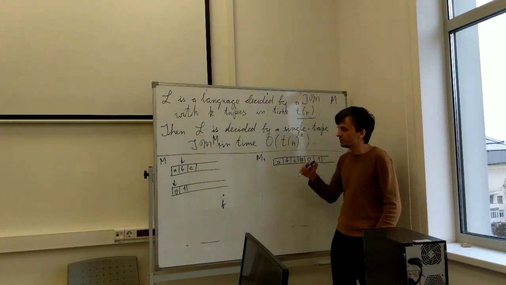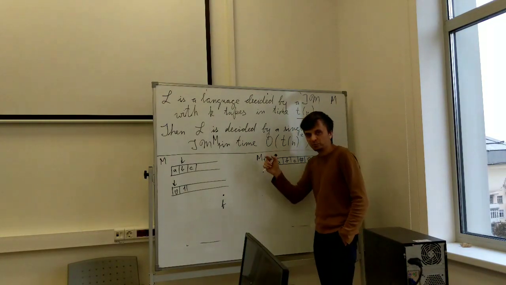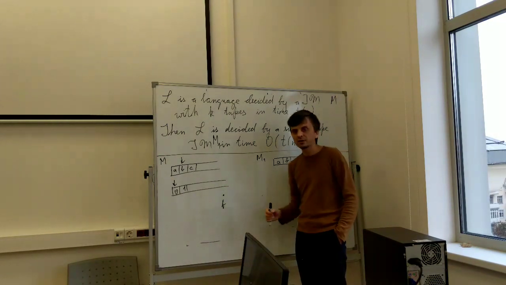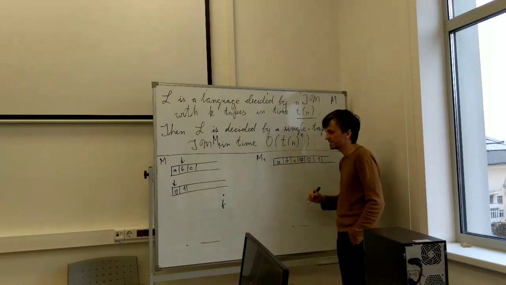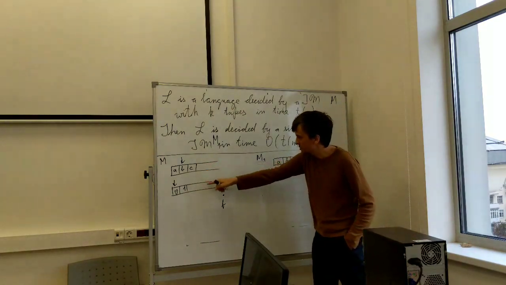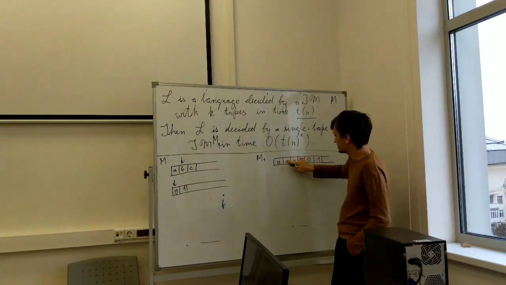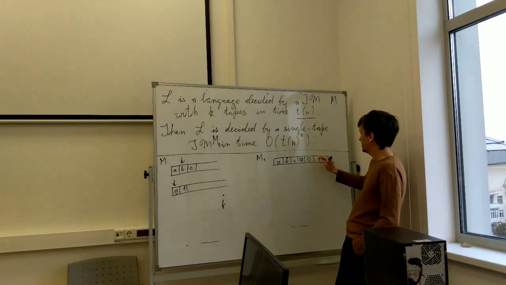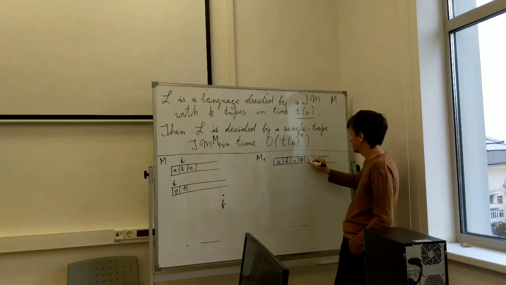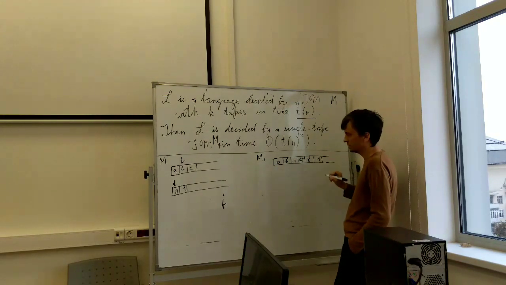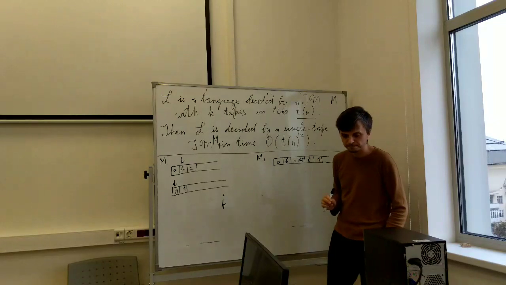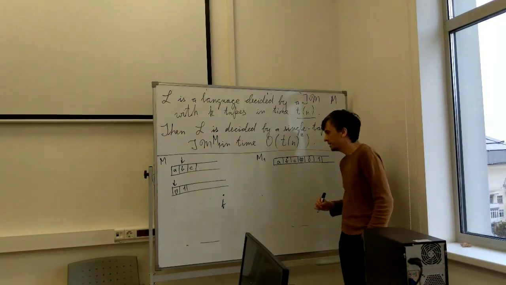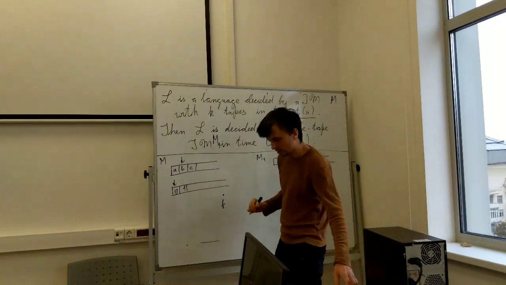So we encode where the head points by the symbol that we store. So for example, this will be translated like this: B and 0. Is it clear? Okay. Good.